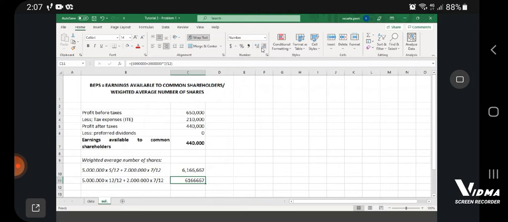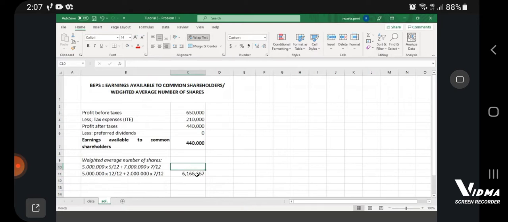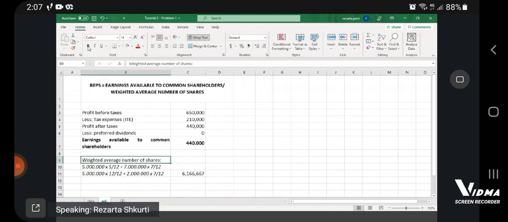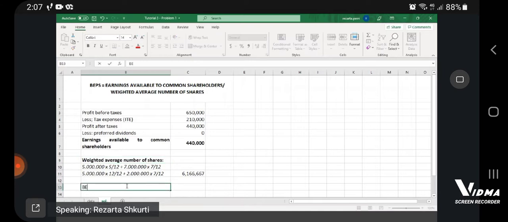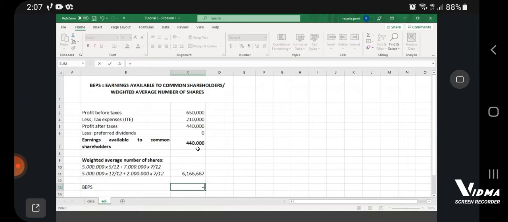Any questions related to anything that we calculated so far? I'm just deleting this amount because it's the same thing here. You have the applied formula related to the second way of calculating the weighted average number of shares. So we arrived at the second figure needed to calculate basic earnings per share, and right now we need only to divide them.